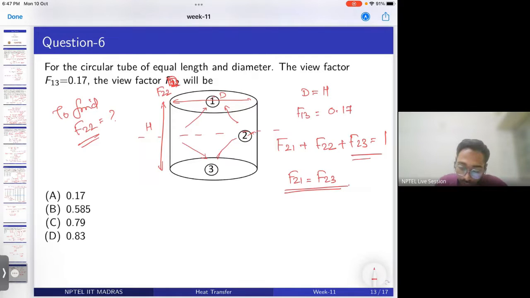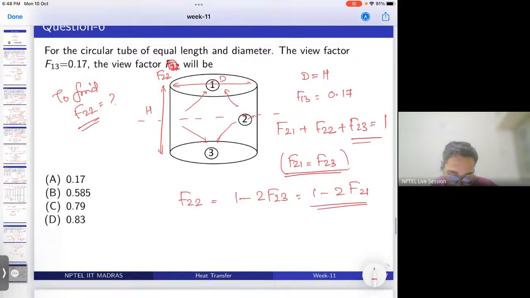So F22 will be equal to 1 minus 2 times F23, or 1 minus 2 times F21, both are the same. So our task is to find either F21 or F23 to get F22.